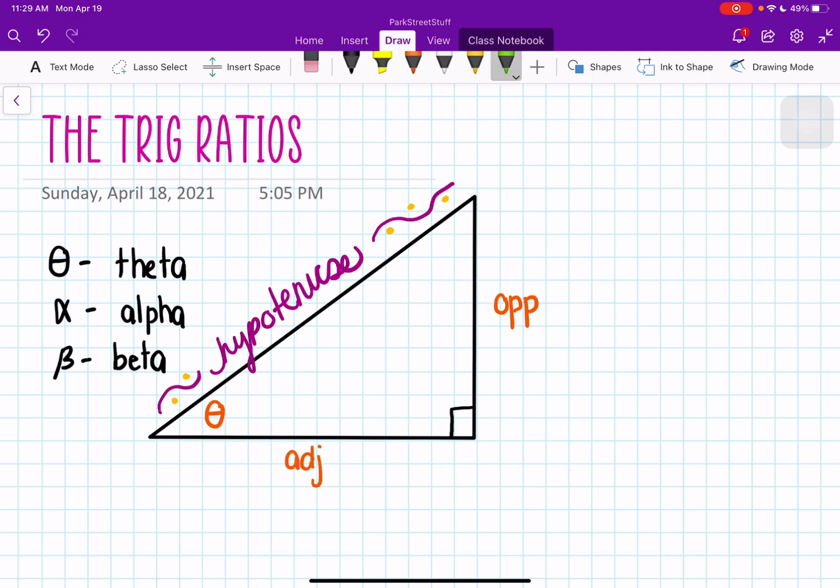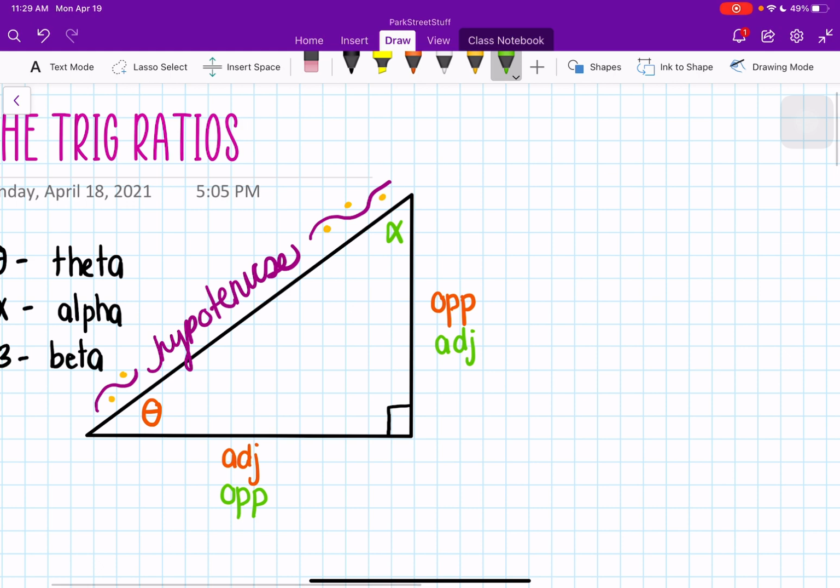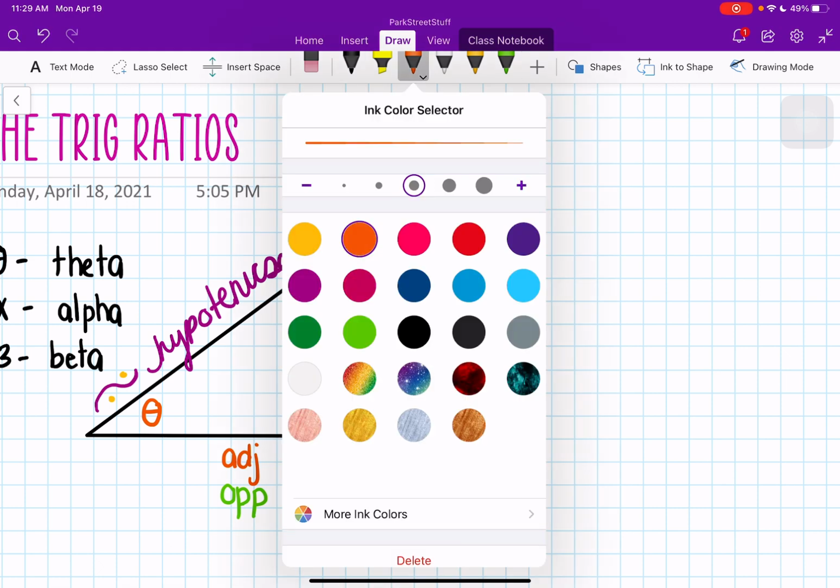However, if we were looking up here at alpha, then now this side, which was opposite theta, is now adjacent to alpha, and this side over here, which was adjacent to theta, is now opposite alpha.